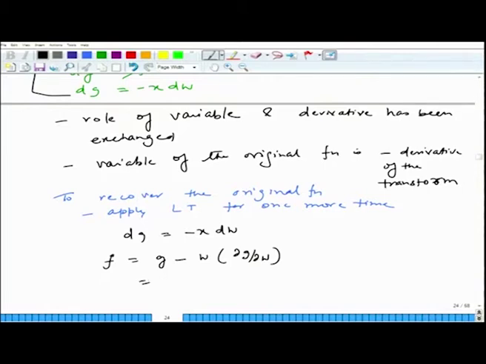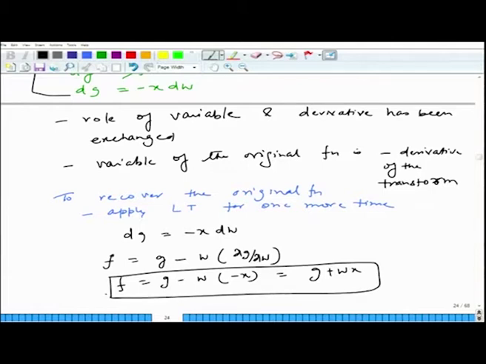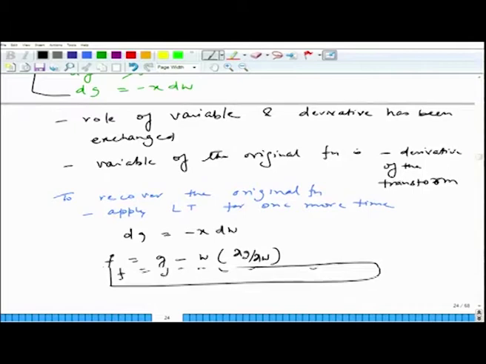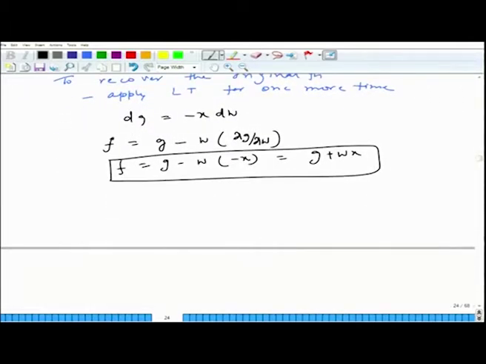So, this is going to be g minus w, and the derivative is nothing but minus x. So, you have g plus wx. So, this is how you are going to get back the original function.